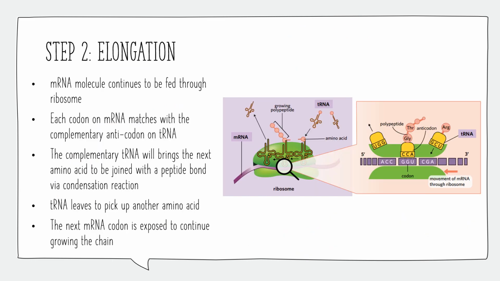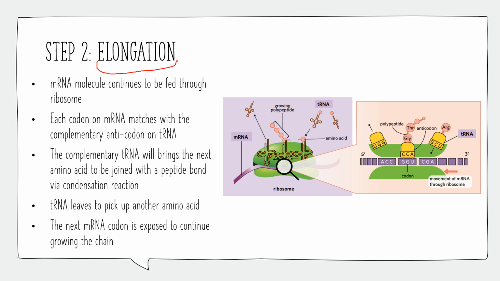We then have elongation. Elongation again means the lengthening of a molecule, but the molecule in this case is our polypeptide chain, or the primary structure of our protein. The mRNA molecule continues to feed through the ribosome. Once it's got that met amino acid, it continues to be fed through the ribosome.